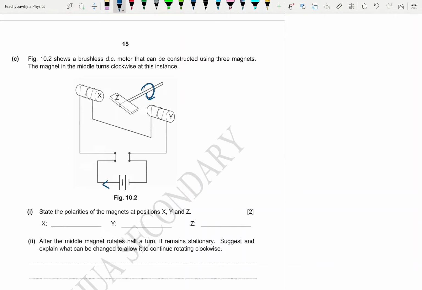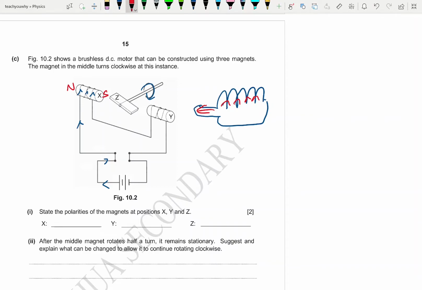Here the current will flow this way, go in, come out this way. So using your right hand grip rule, your thumb, okay, I'm trying to draw a thumb, this is upwards, and your thumb is pointing this way. So this side is north, this side is south.